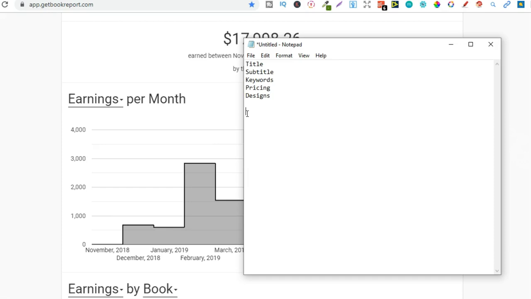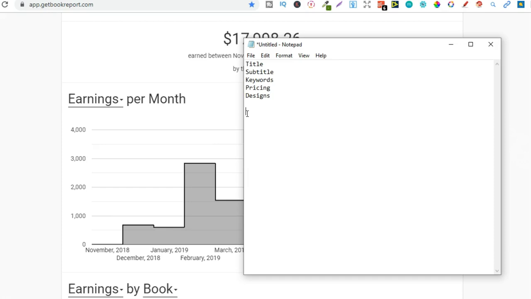Now, if you do have a customized interior and you do believe that you should be charging a little bit more, then just do that, try it and test it. But pricing does affect sales. Like I said, you don't want to price too high and you don't want to price too low and come across as a cheap notebook or whatever book that is.